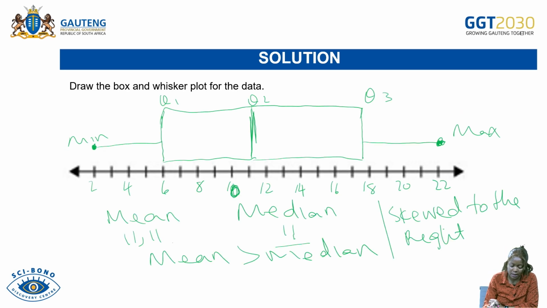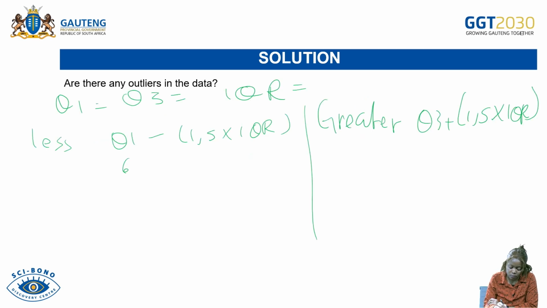So your Q1 here in this case is given as 6, minus 1,5 times the interquartile range. You find the interquartile range by saying Q3 is 17,5, so Q3 minus Q1, which is 17,5 minus 6, and you'll get 11,5.